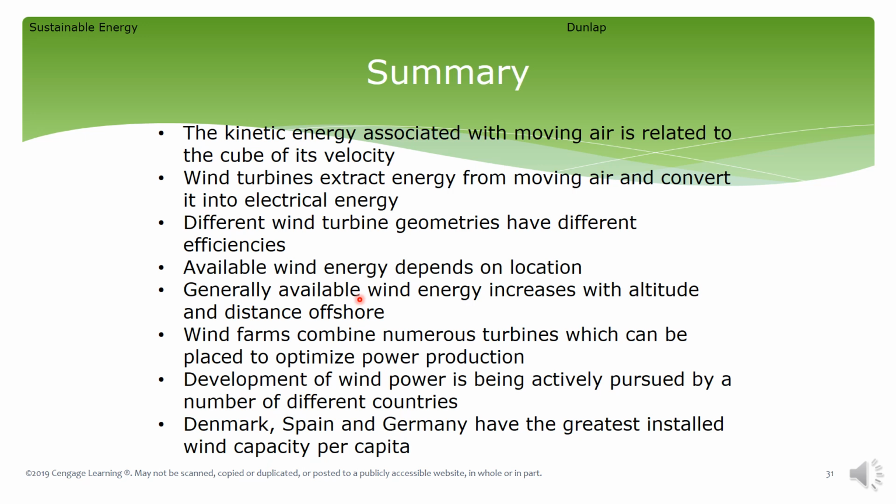Generally, available wind energy increases with altitude and distance offshore. Wind farms combine numerous turbines which can be placed to optimize power production. Development of wind power is being actively pursued by a number of different countries.